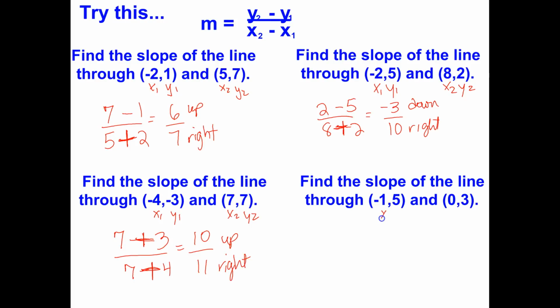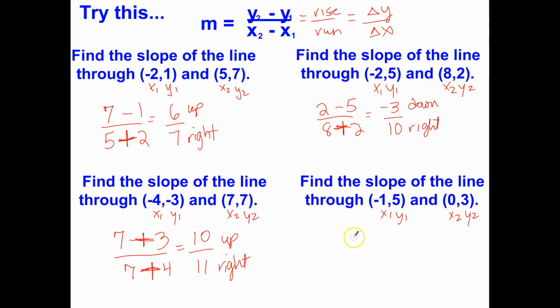Last one. X sub 1, y sub 1, x sub 2, y sub 2. The formula is y sub 2 minus y sub 1. Rise over run, which equates to the change in the y's over the change in the x's. Okay? If I write it, you write it.